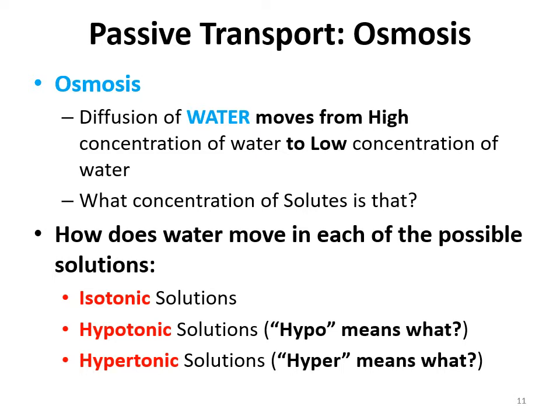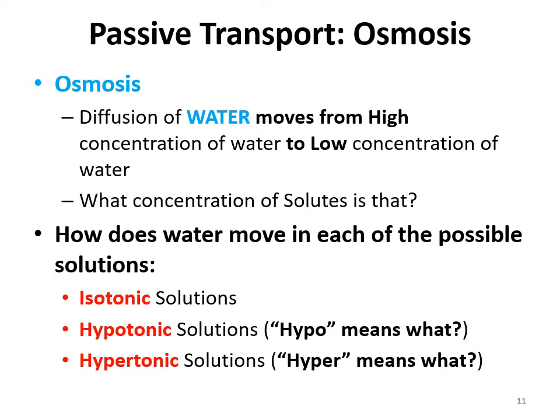So when you think of the diffusion of water, it's going from high water to low water. If you think of that in terms of solutes, well, high water means you can fit a lot of water in there because there's very low solutes, very small amount of particles taking up space. Whereas low water is a lot of room for solutes.